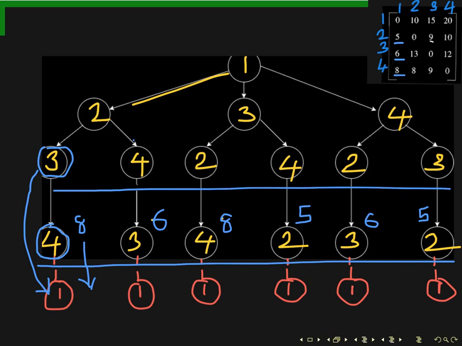To calculate the min cost at this node, that is node 3, the only thing that we need to do is to add the distance from 3 to 4 to the min cost at 4, which is already calculated as 8. So the min cost at 3 will be the distance from 3 to 4, that is 12, plus 8.